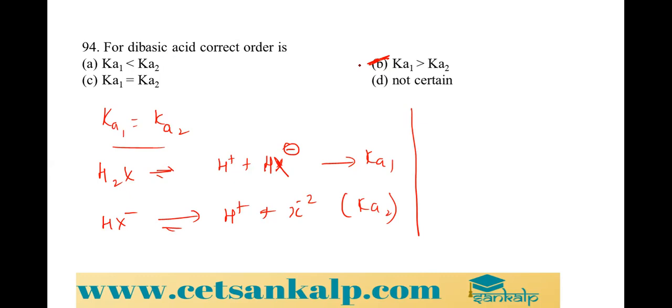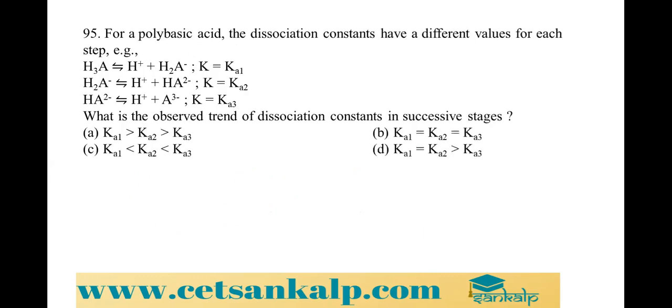Next one, for polybasic acid the dissociation constants have different values for each step. They have given steps 1, 2, 3 and the equilibrium constants.